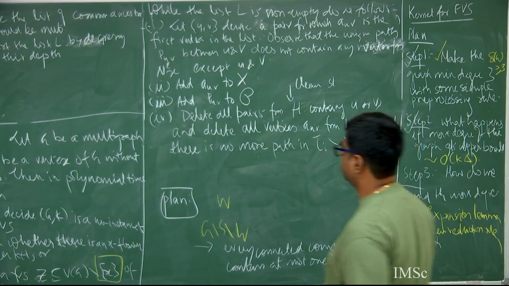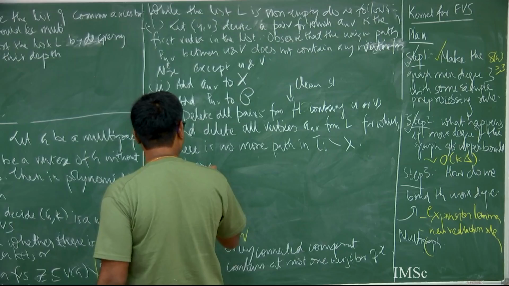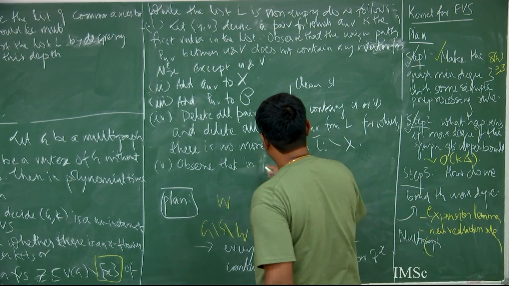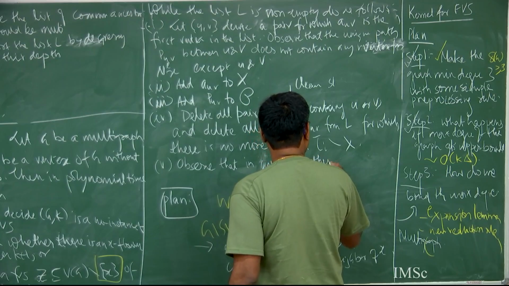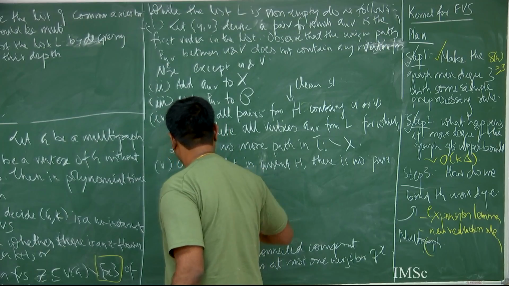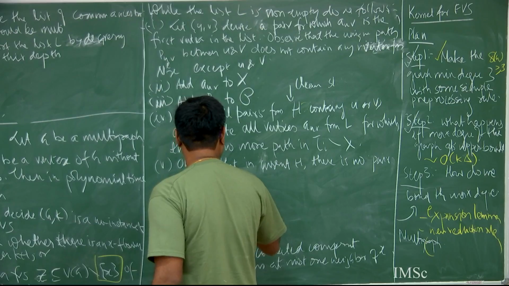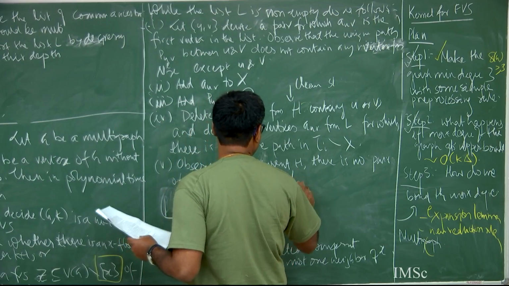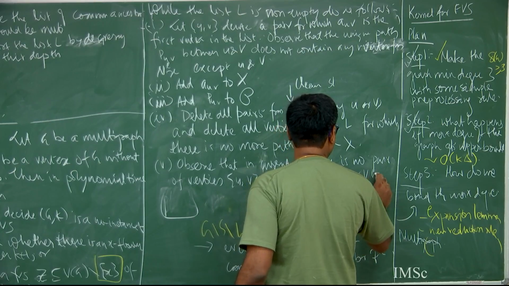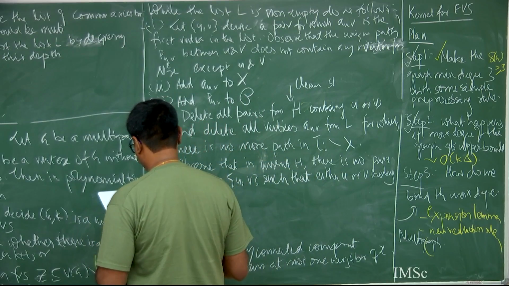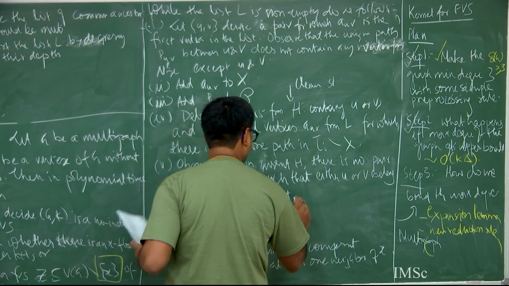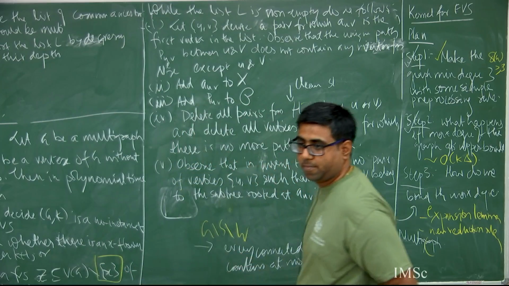Okay. Now let's make an interesting observation. Observe that in the current H, there is no pair of vertices U and V such that either U or V belongs to the subtree rooted at A_UV in T_i.